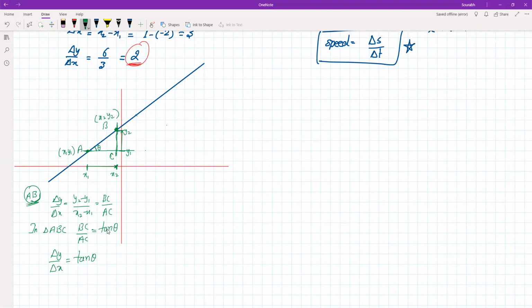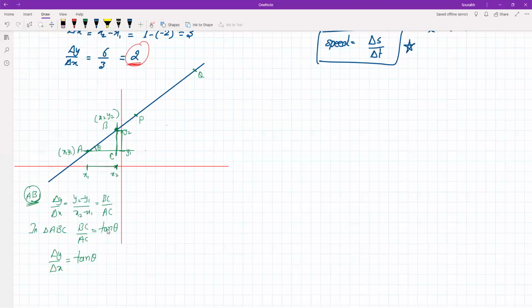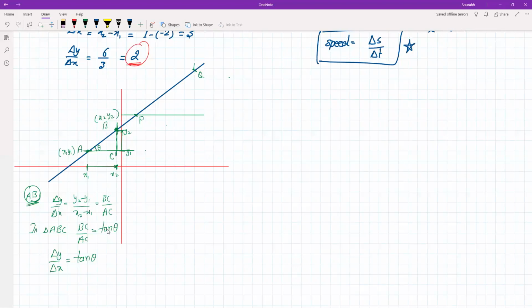Now take any other point. Say I take this point and this point. Let it be P, Q, right? So now drawing a line through this and another line from Q downwards.